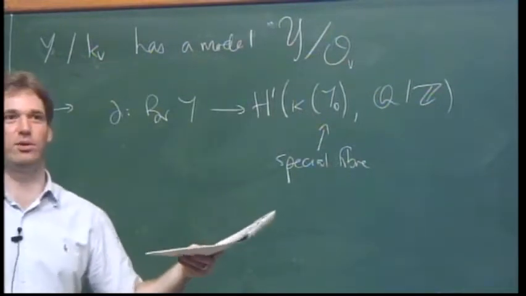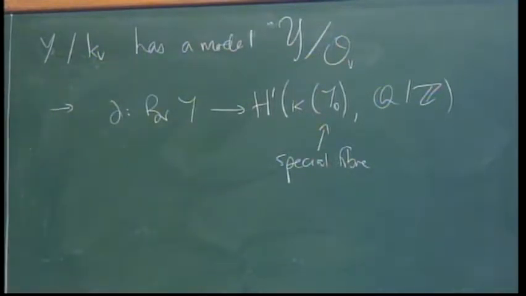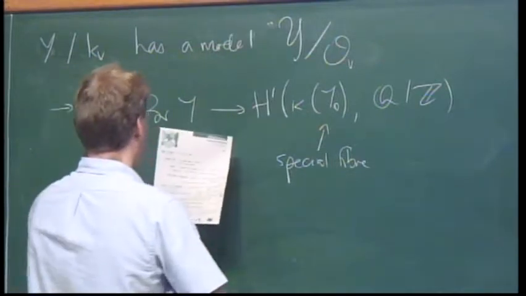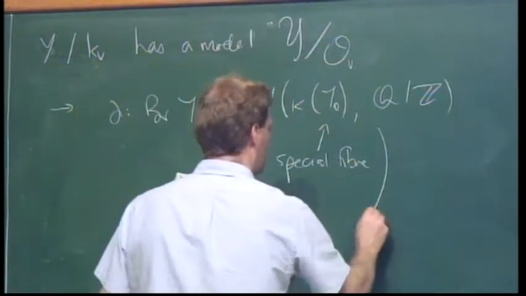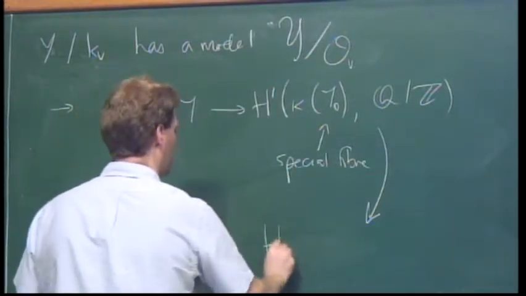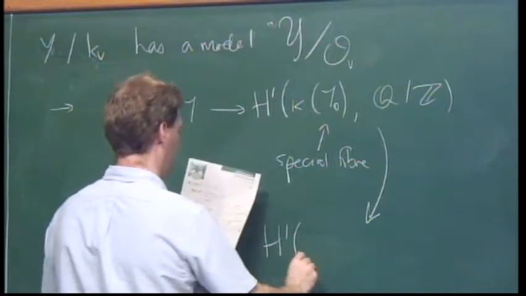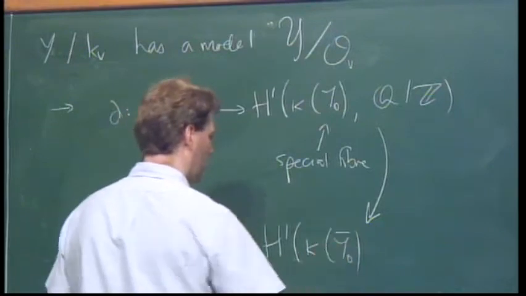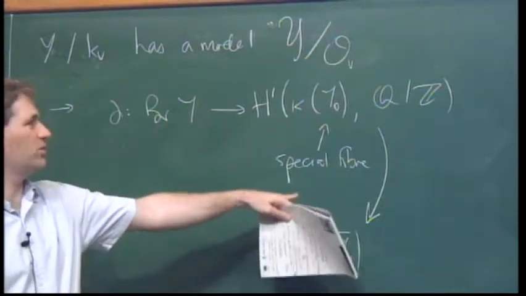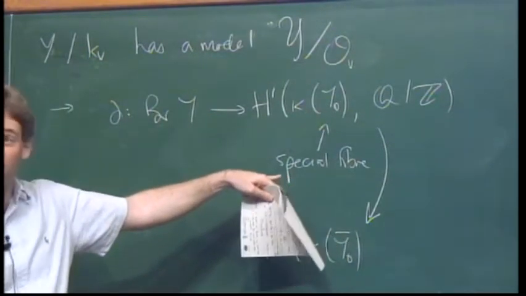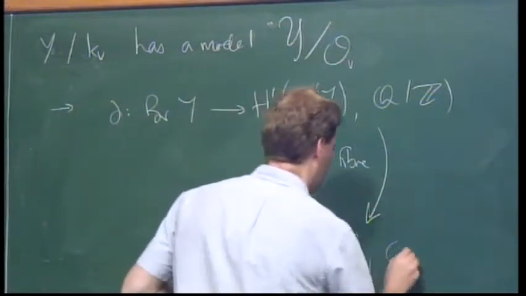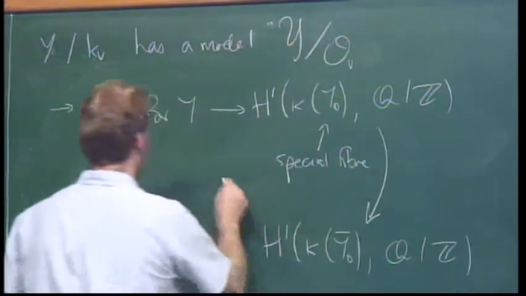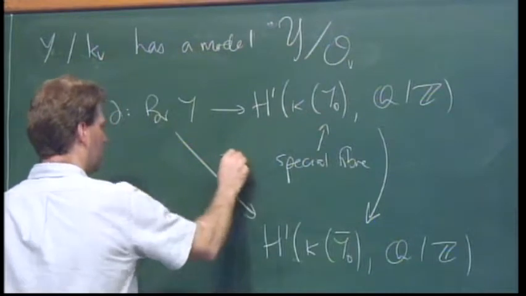But let's overlook that for now. So I get one of these things as well. And I can play the same trick in that I can base change to Y_0 bar, the base change of Y_0 to the algebraic closure of the residue field, and I can go to there. Let me call this thing delta bar.